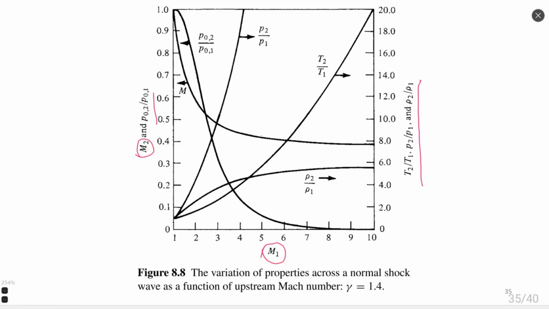Let's have one example. For example, I want to see what happens at Mach 3 before the shock wave. So when I have this Mach 3 before the shock wave, I make this straight line. Probably just a moment, I will try to make a better line. Should be horizontal. It's not so horizontal, sorry. One more try.